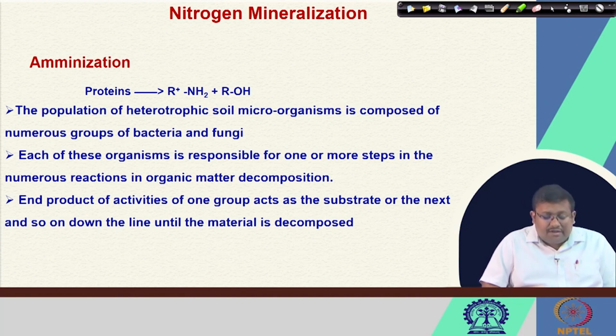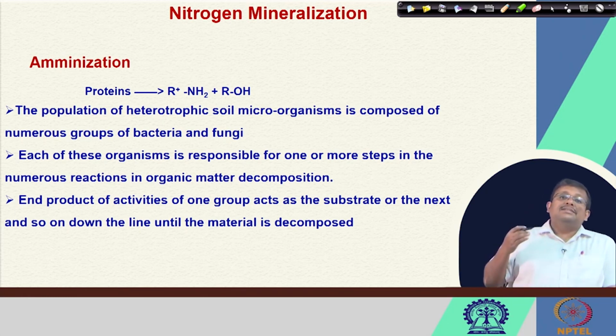The end product of the activities of one group acts as a substrate for the next, and so on down the line until the material is decomposed. So, different groups of bacteria and fungi are involved in this decomposition process.